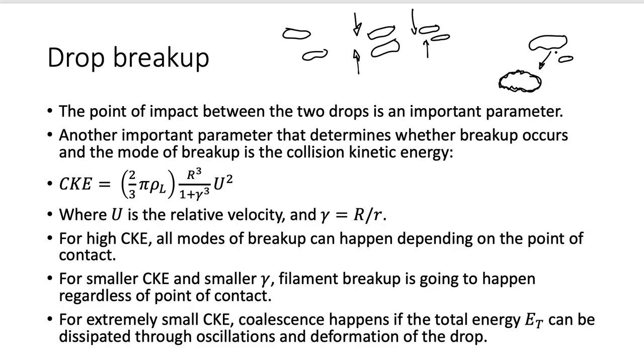What happens if the kinetic energy is too much? Well, if the kinetic energy is too much, you might still form a larger droplet, and the droplet might still be trying to get rid of the extra energy through oscillations, but these oscillations might actually be really, really big. And if these oscillations are very energetic, these might deform the droplet a lot, right?